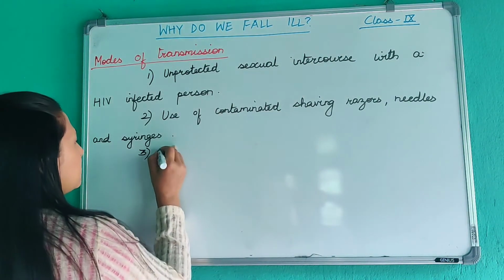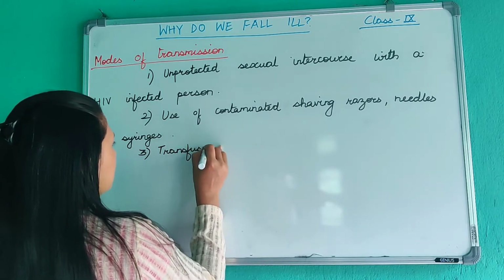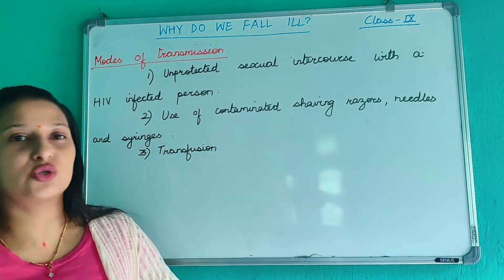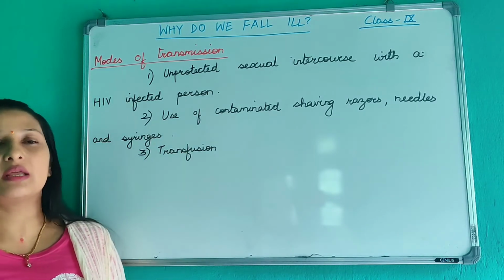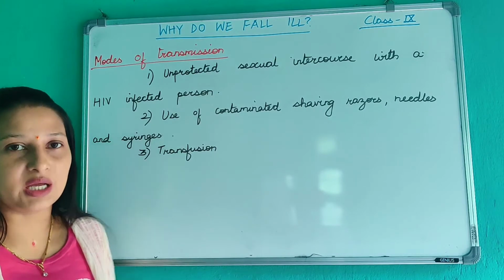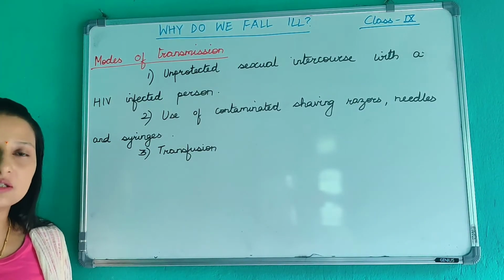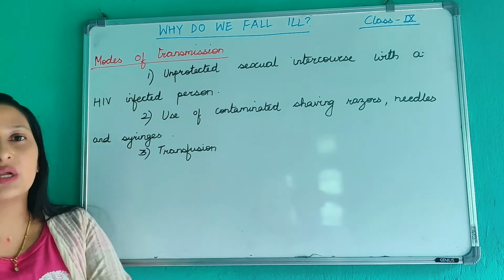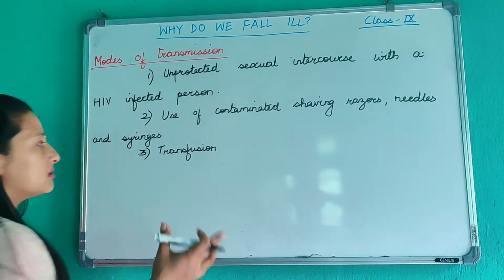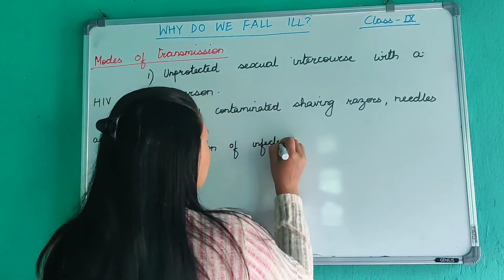Okay. And through transfusion. Sometimes a person may lose blood due to a number of reasons, like maybe in an accident, and that person needs to be given blood. That is known as transfusion. But if that infected blood is transfused to that person, then that person will get AIDS. So, transfusion of infected blood.